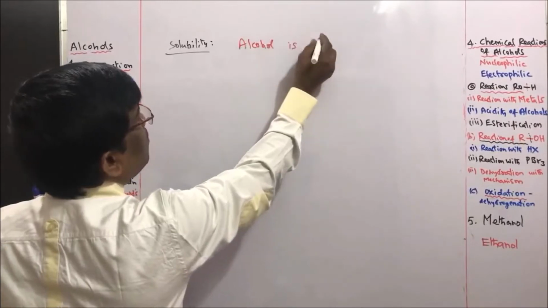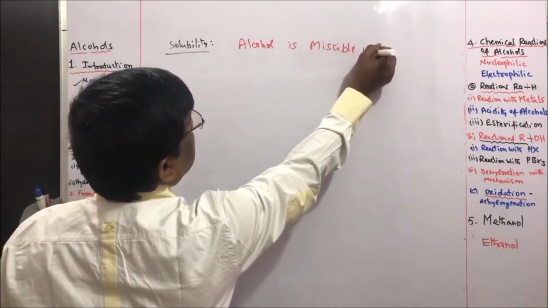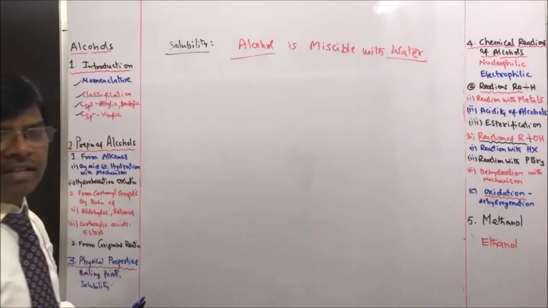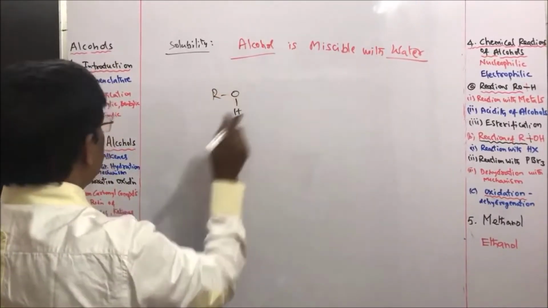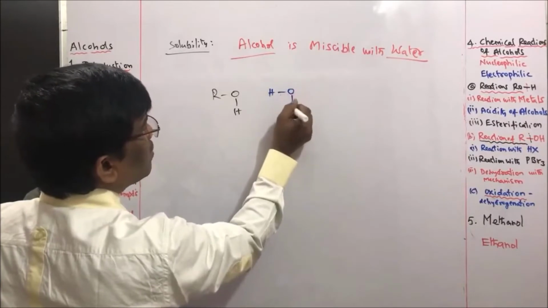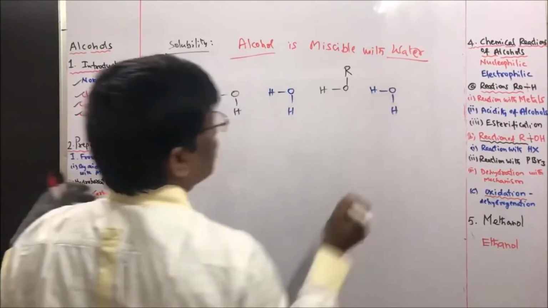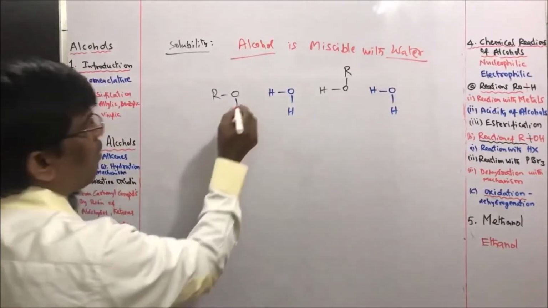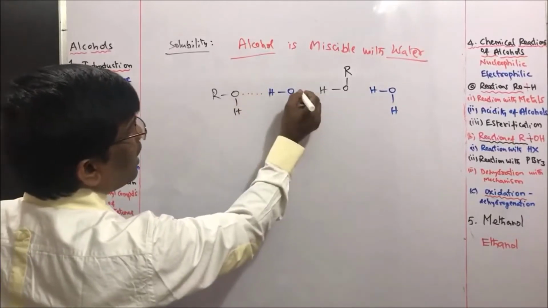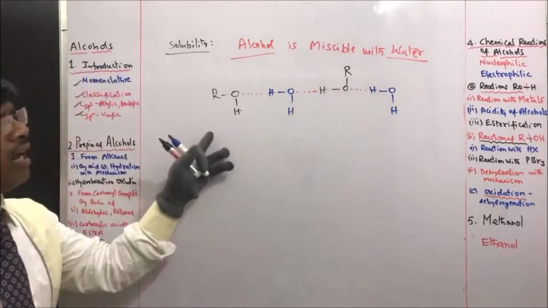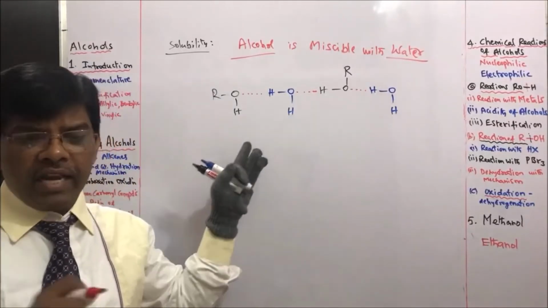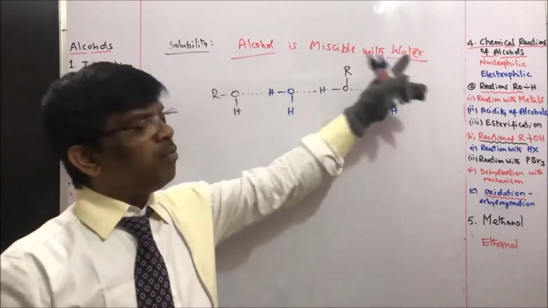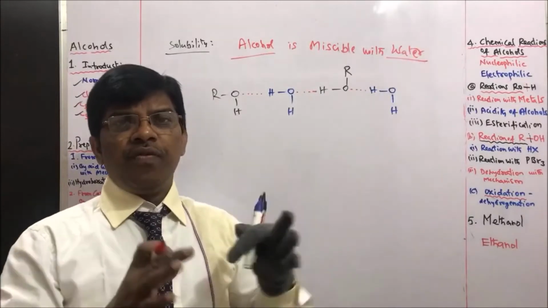Alcohol is miscible with water because alcohol has OH and the water molecule also has OH. So there will be hydrogen bonding between alcohol and water molecules. Because of hydrogen bonding, alcohol is miscible with water, meaning a uniform solution.